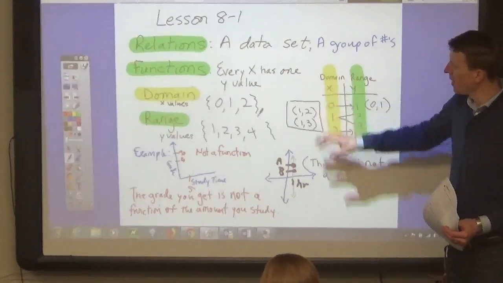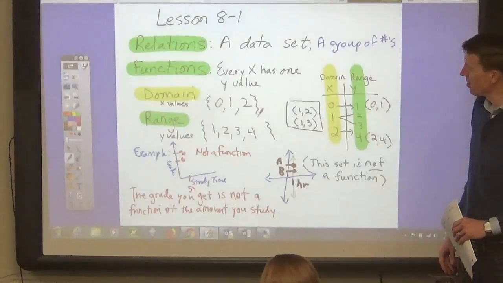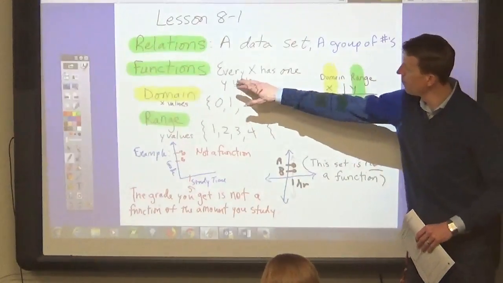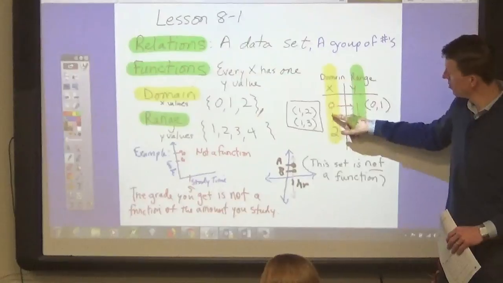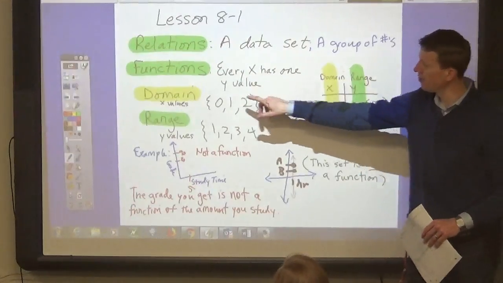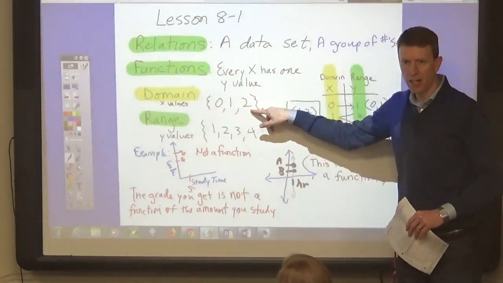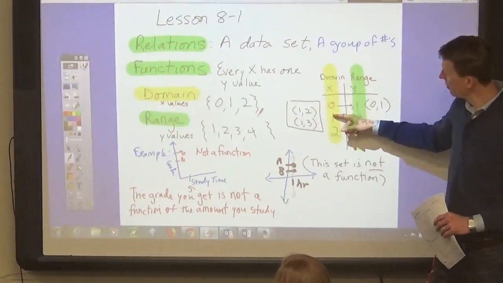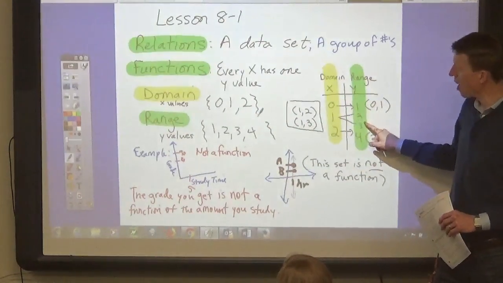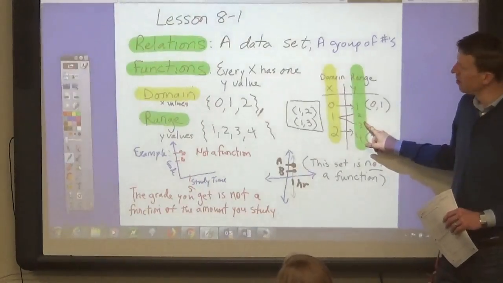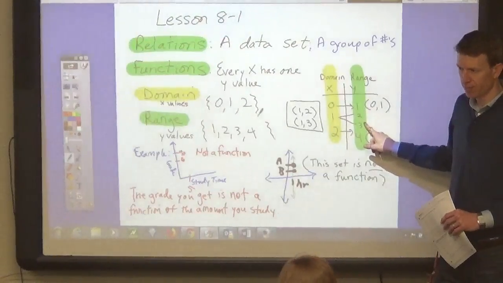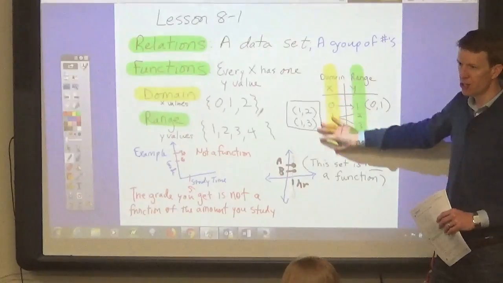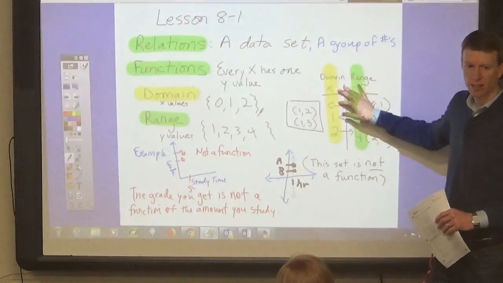So, we can tell if the relation is a function if every x value, here's the x values, sometimes these x values are called the domain of the function. And if every x value has only one y value, then it's called a function. Then the relation is called a function.